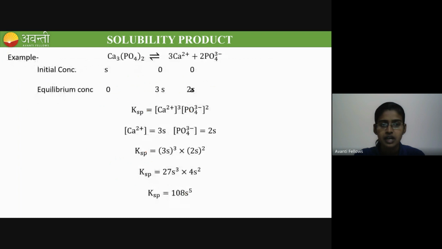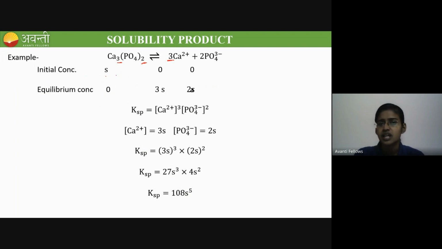Yeah, the second example is calcium phosphate. In calcium phosphate, if we dissociate this, we will have 3 calcium ions and 2 PO4 3- phosphate ions, right? The initial concentration of the product is 0, and at equilibrium there is no reactant concentration.